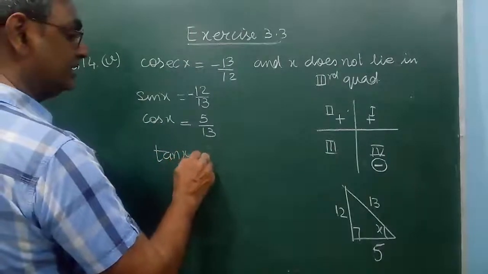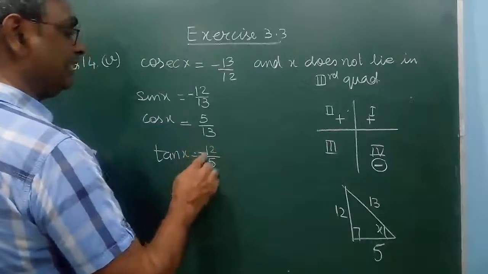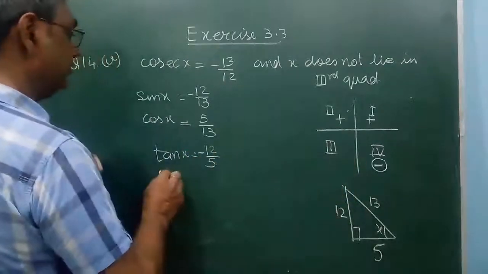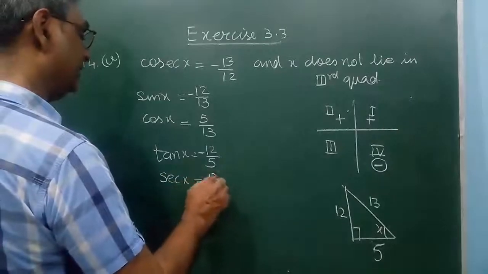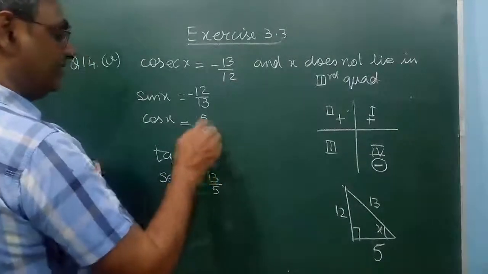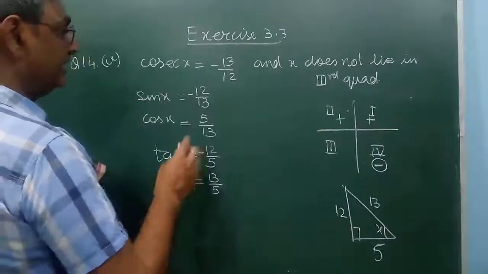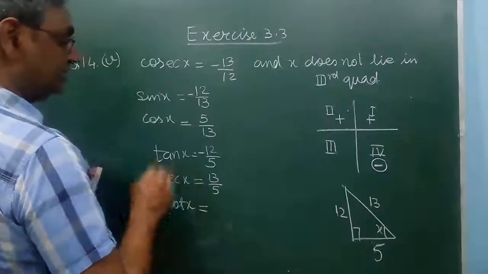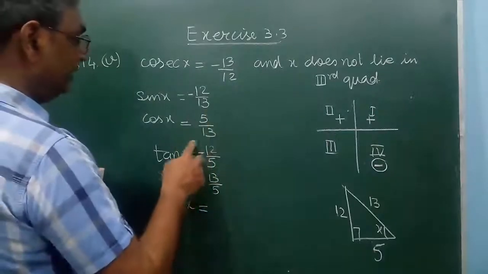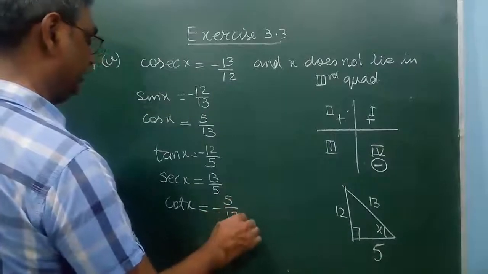Tan x is 12 by 5, again negative because this lies in the fourth quadrant. Sec x is 13 upon 5, and because it lies in the fourth quadrant it will be positive. Then what is left? Cot x equals the reciprocal of tan, that is minus 5 by 12.